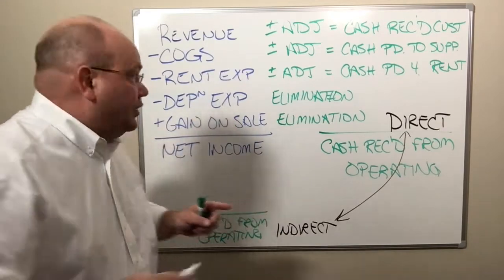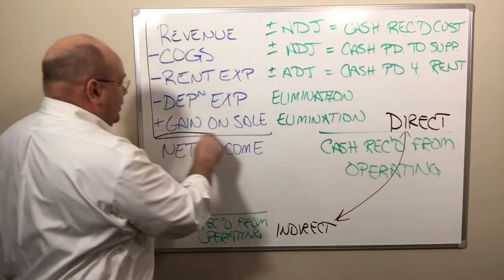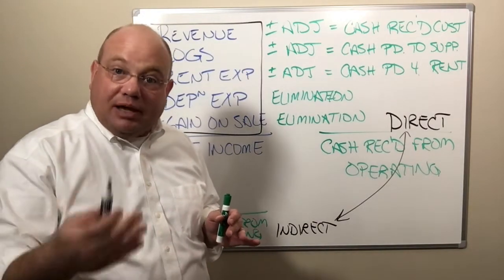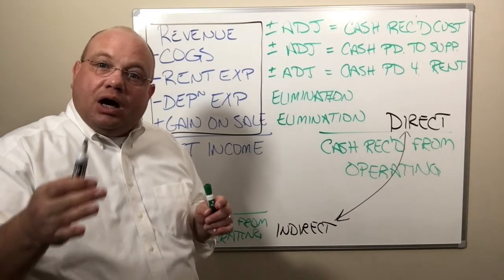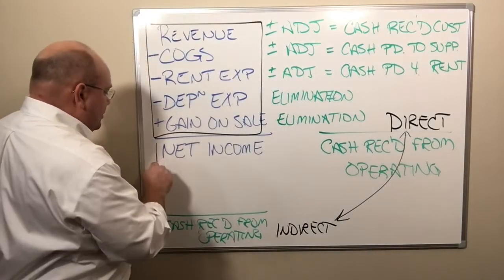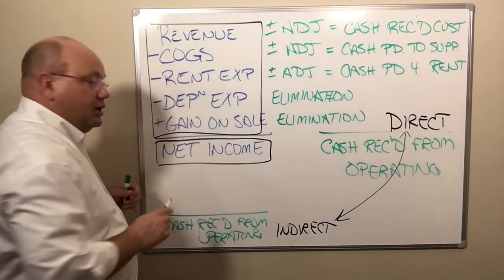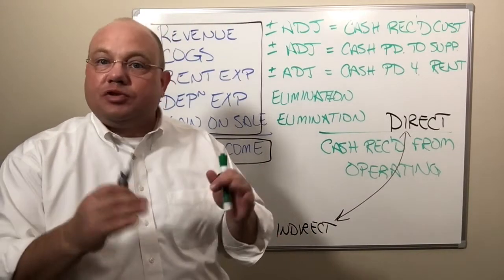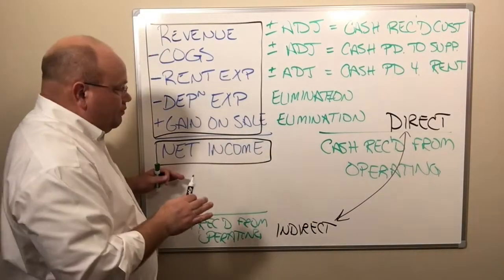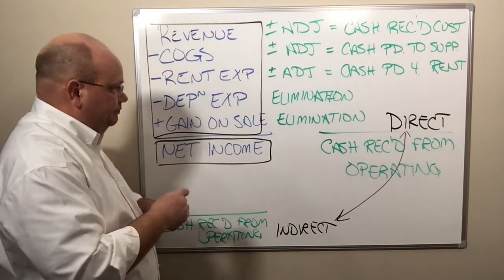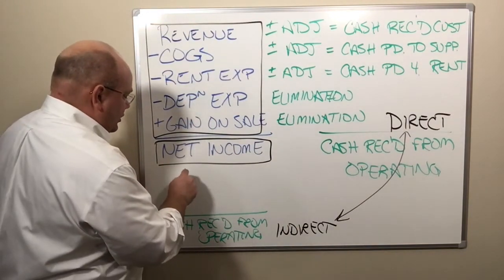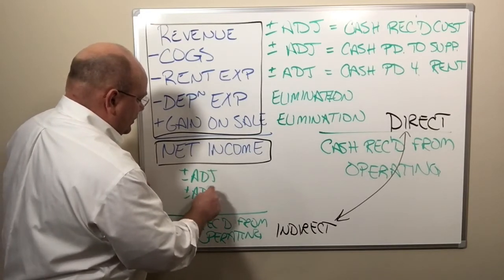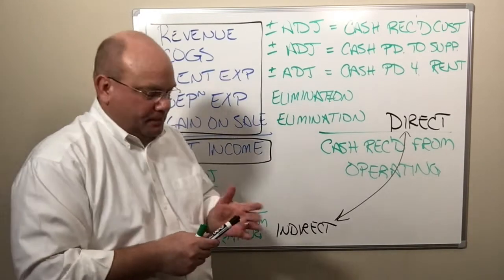Under the direct method, what we do is we start with each individual line of the income statement and make adjustments to it. Under the indirect method, we're going to make adjustments to net income. Okay? All the adjustments come out of net income. So these adjustments that we have to make, there's going to be a bunch of them, but let's do some math here.